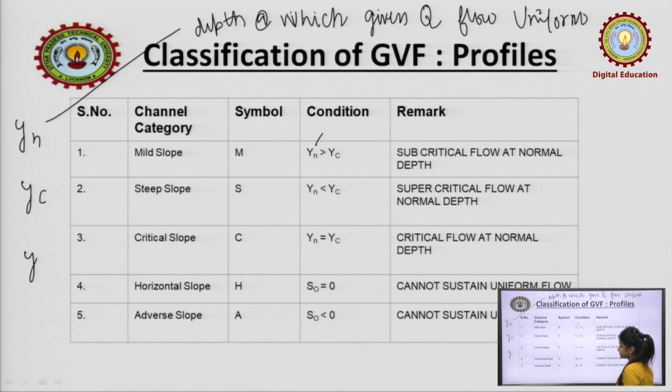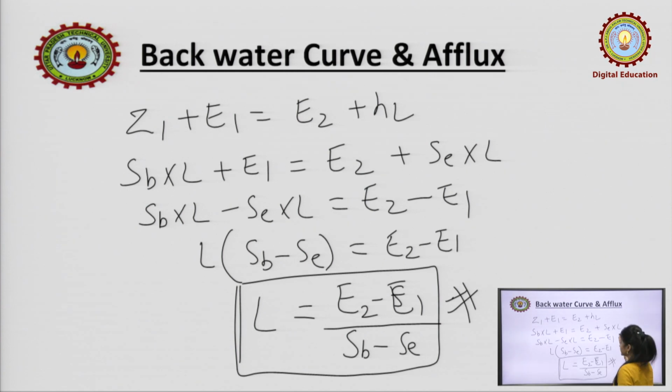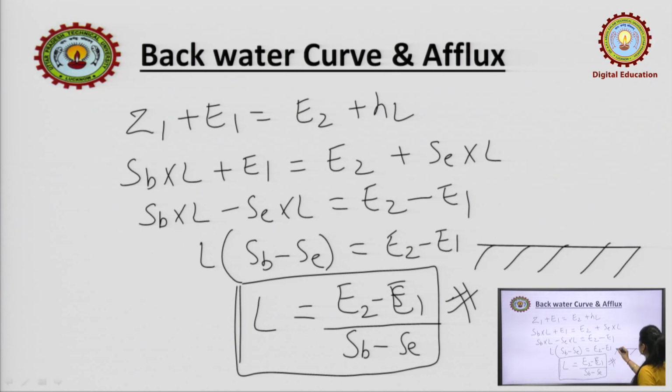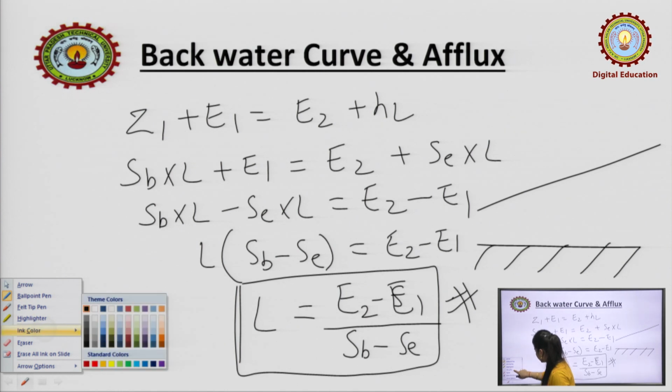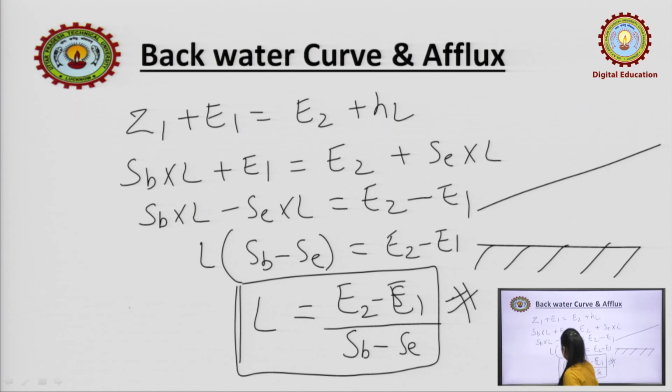That particular depth is termed the normal depth. I can visualize it with a diagram. You can see over here, this is the datum. Suppose this is the section of change with gradually varied flow, and this particular point is y. After a certain section you have y dash. Now, this is the case of gradually varied flow.